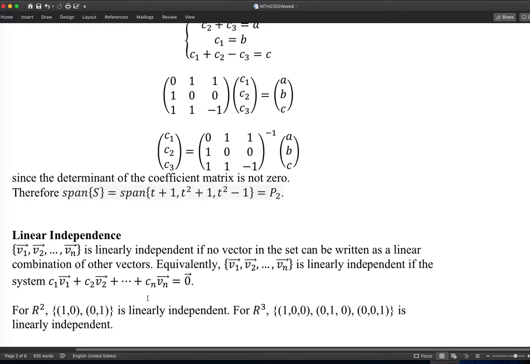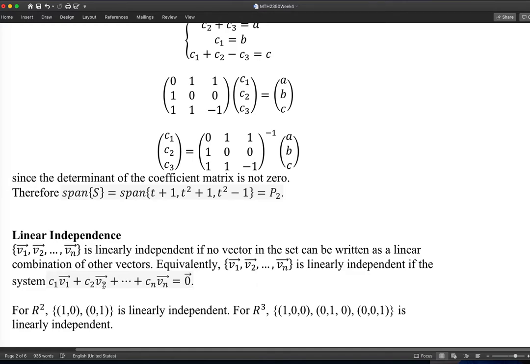We want to see if such a vector equation, the linear combination of all vectors equal to a zero vector, has a unique solution.